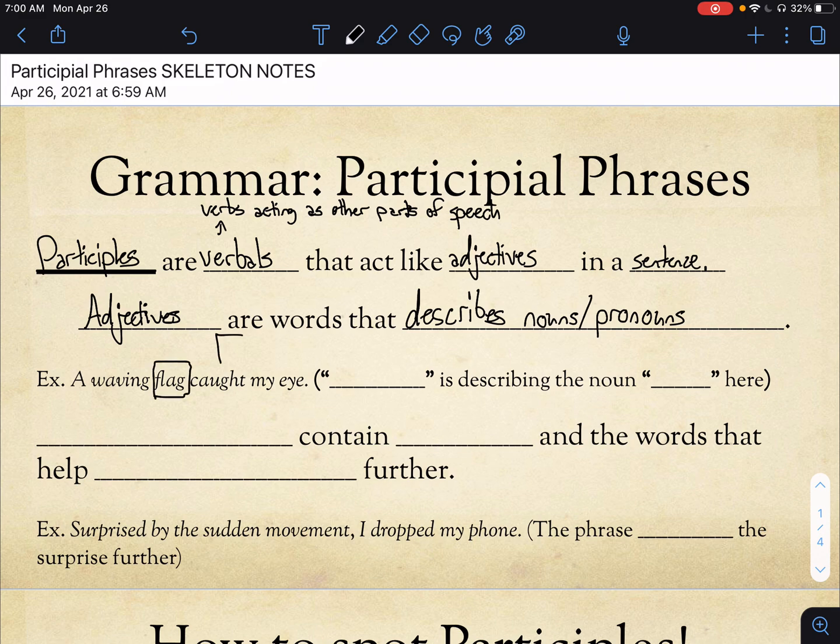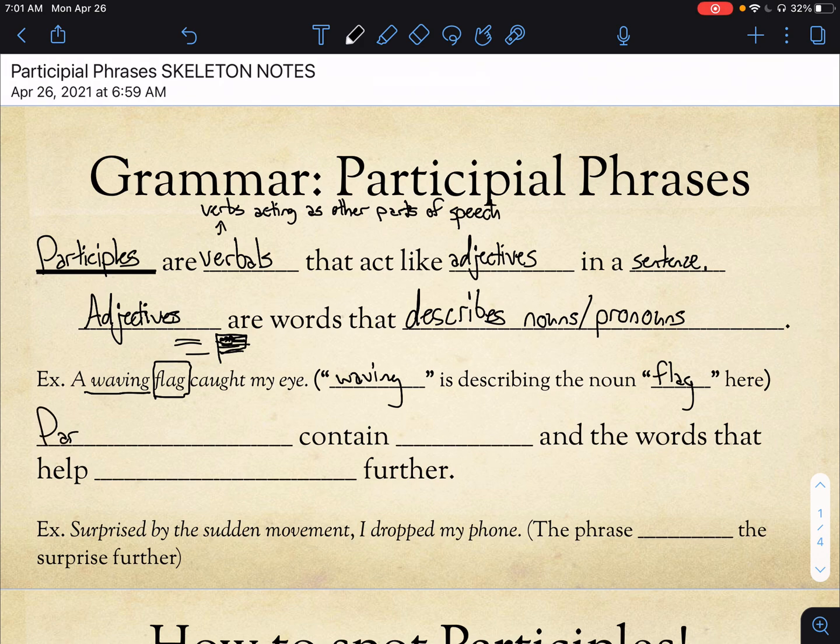If we pictured a flag over here, a couple of stars, some stripes, and we wanted to describe that flag, we have the word waving. And so waving is describing the noun flag here. And waving, we usually see that as an action, right? However, it's describing the noun flag, and so therefore it is actually a participle.